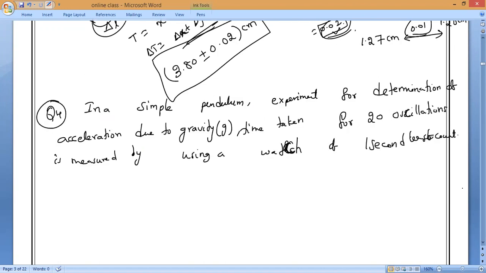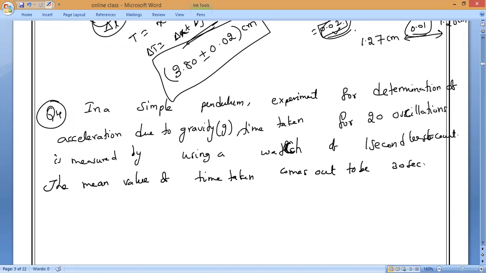Then the mean value of time taken comes out to be 30 seconds. Comes out to be how many seconds, everybody? 30 seconds.